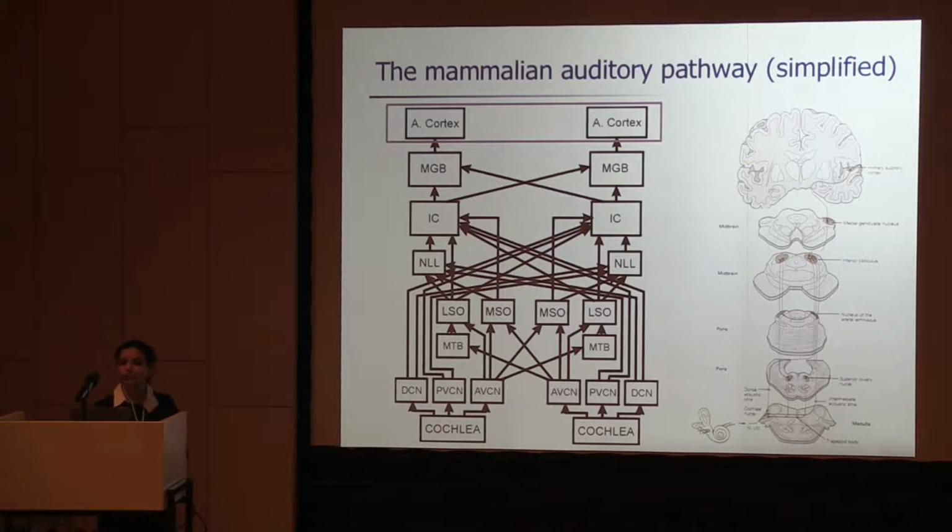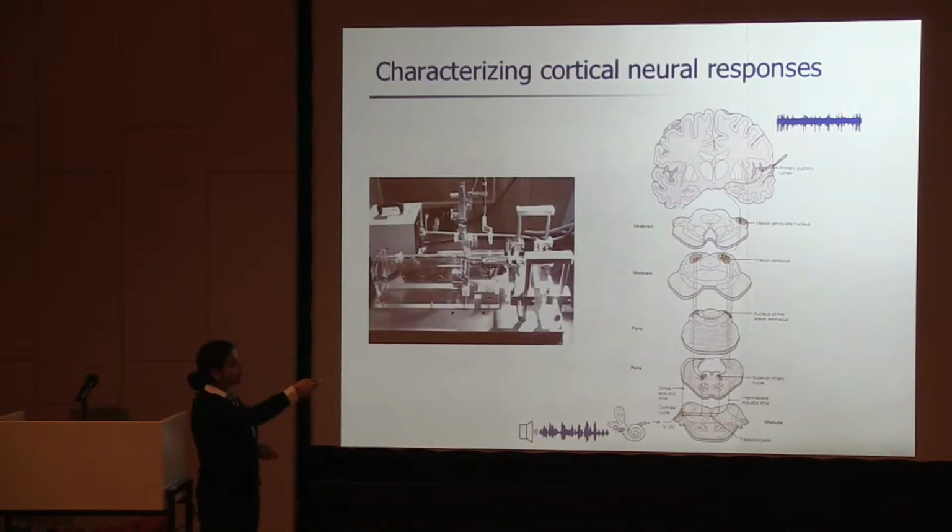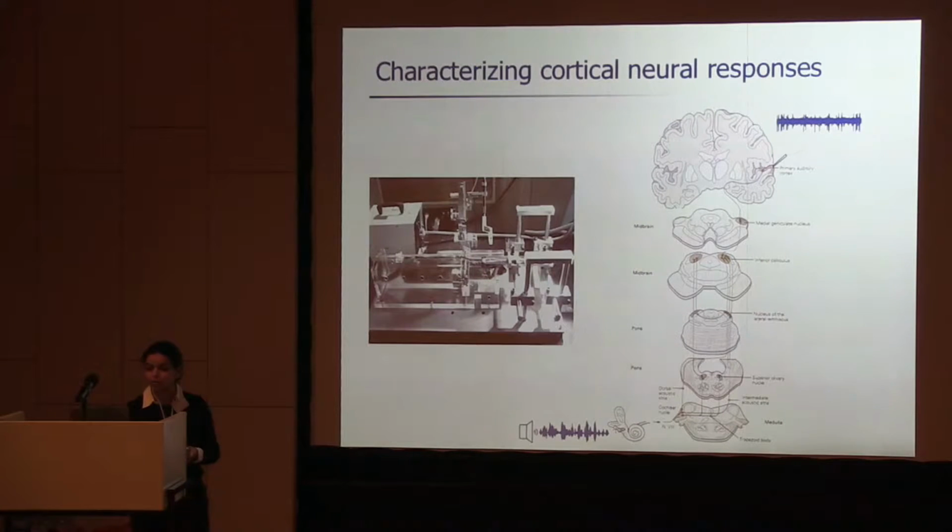So typically the way we would study these different nuclei in the auditory pathway is using a systems theory approach. Think of it as a black box. You play a sound to the ear, you record the neural response, and you think of this as a system, and then you try to characterize what transformation happens from this input to give me that output.